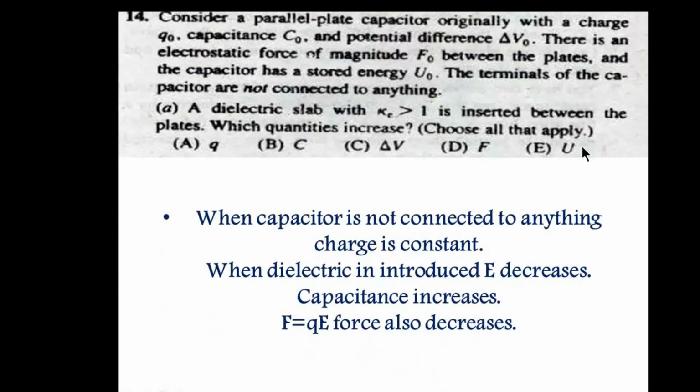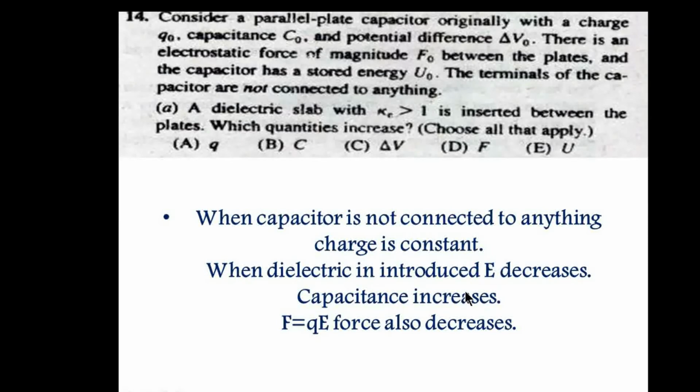So here we know that when the capacitor is not connected to anything like a battery, then the charge would remain constant. So when we are introducing a dielectric slab with K greater than 1, then E definitely decreases, as the dielectric slab has an electric field opposite to the direction of the capacitor's electric field. So here E would be decreased.